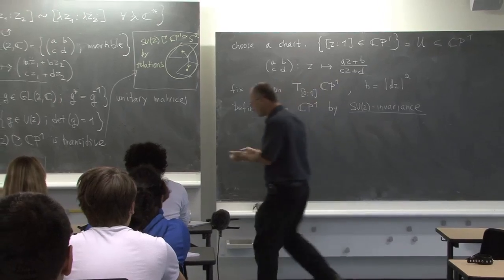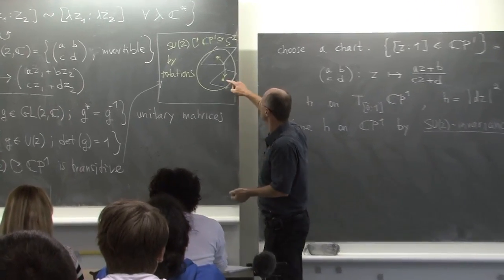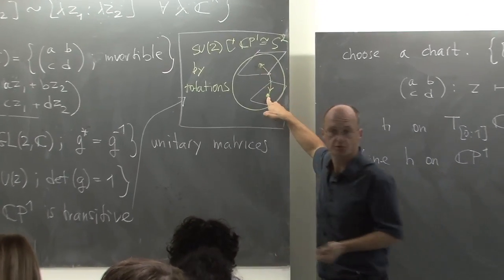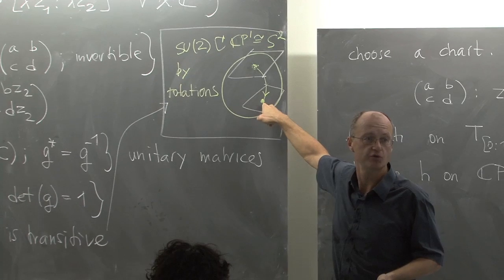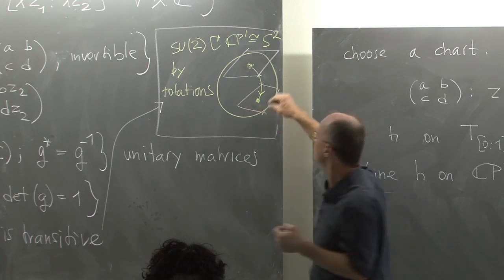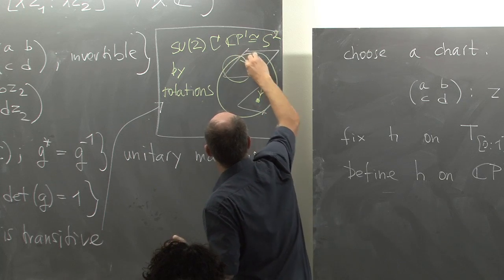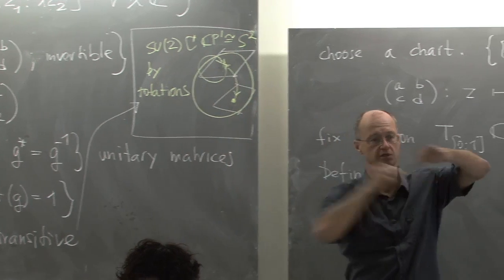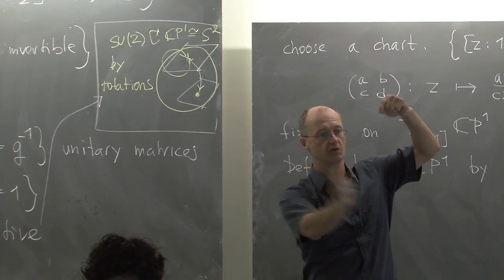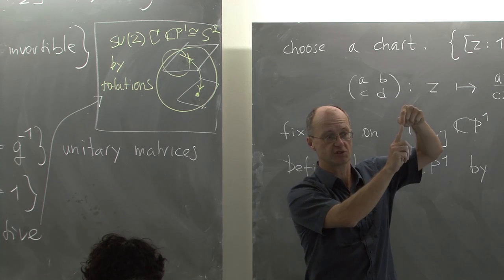Now the problem is that there might be different elements which bring you here. The question is, do you get the same? Or put differently, there are some elements which preserve the point. So I rotate the sphere, say around the north pole, and the north pole stays the same.